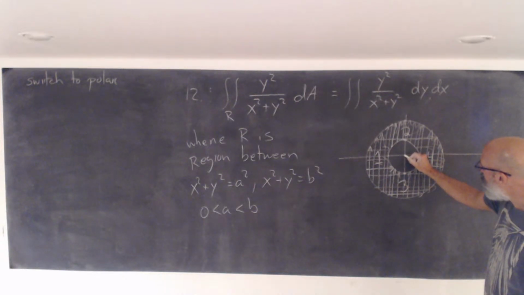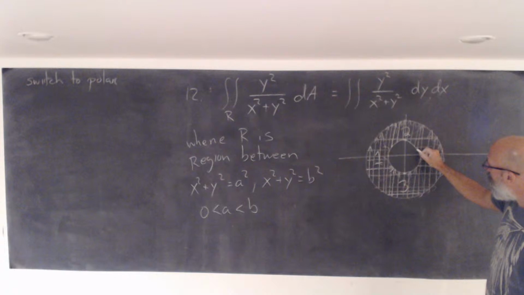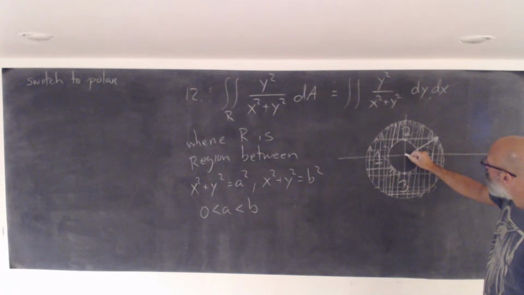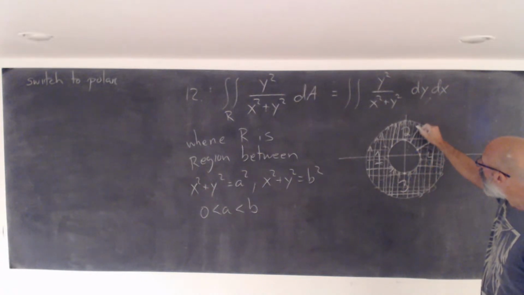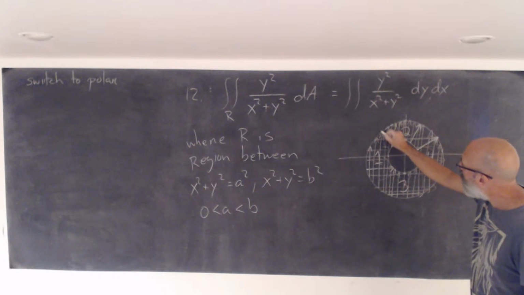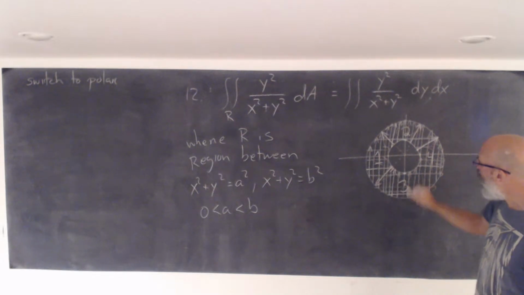R, as you know, is measured from the origin moving out. Your region starts when you hit the small circle and goes until you hit the large one. And that's always the case.